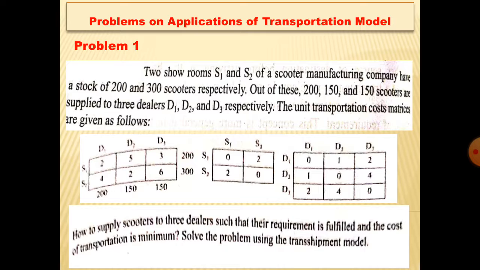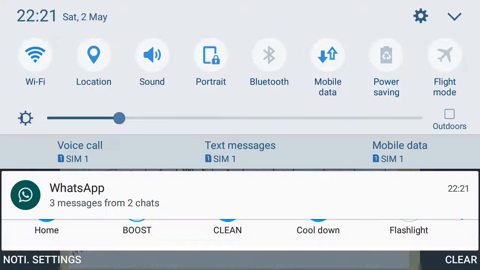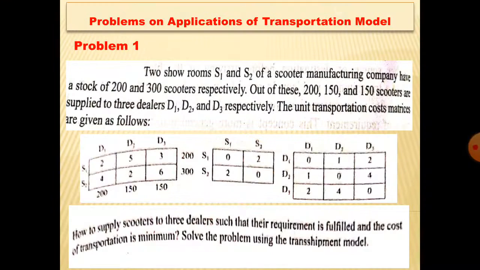Here, first problem in the transportation model. Two showrooms S1 and S2 of a scooter manufacturing company have a stock of 200 and 300 scooters respectively.